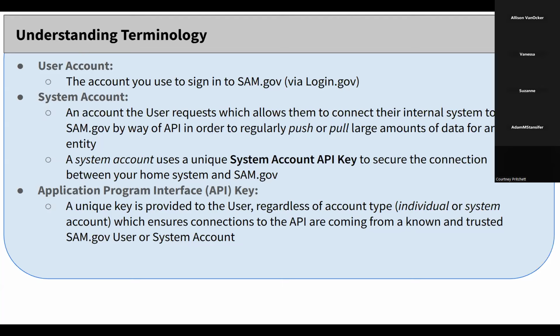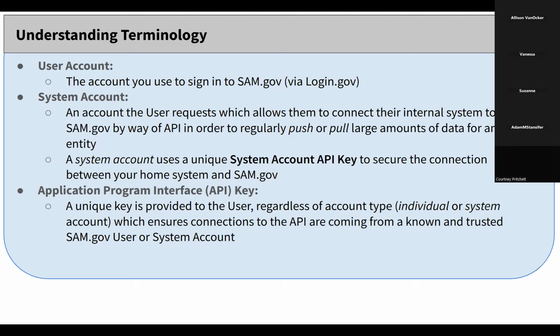This differs from a system account, which is an account where the user requests, which specifically allows the connection from an internal system to SAM.gov by way of that application programming interface (API) in order to regularly push or pull large amounts of data for an entity. So the user account is more for an individual user.